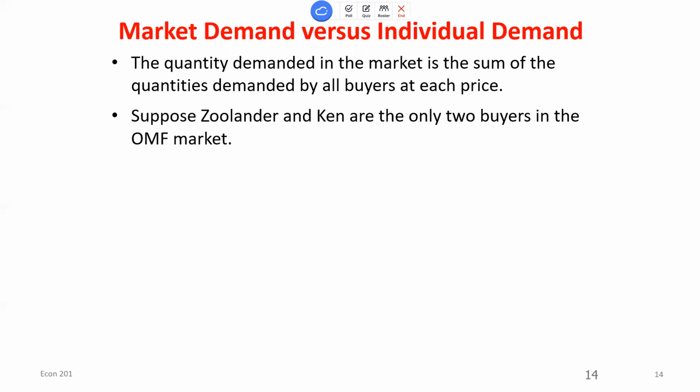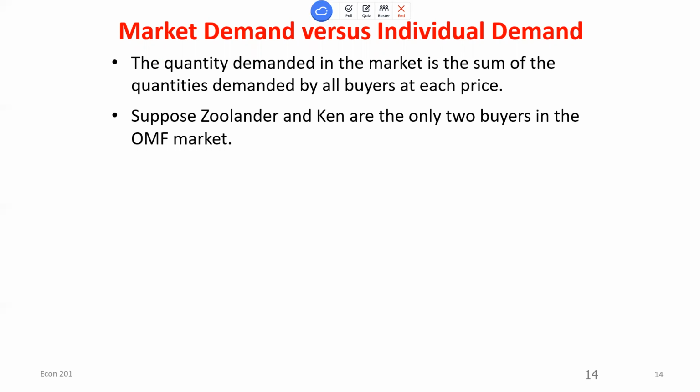So how do we move then from understanding individual demand to understanding the demand for this product in the entire economy or the entire market? When we move from looking at the individual to the economy as a whole, we would call that not individual demand curves, but the market demand curve, or the market demand schedule if we had a table. Okay?